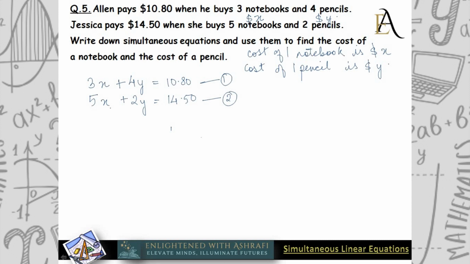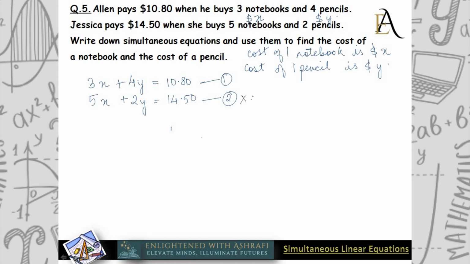Now let's see, can we divide or multiply any of the equations to get it in the simplest form? It's not possible. Now since it's not mentioned over here whether you have to go for substitution method or elimination method, let's see what we are comfortable with.